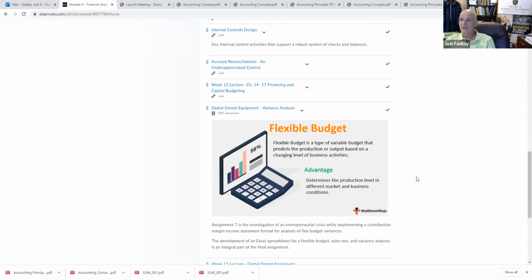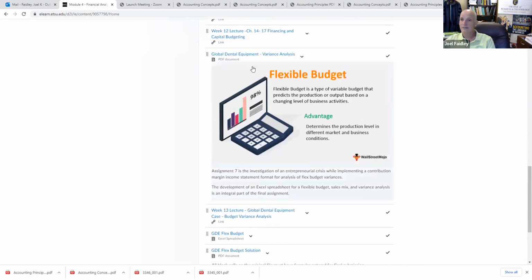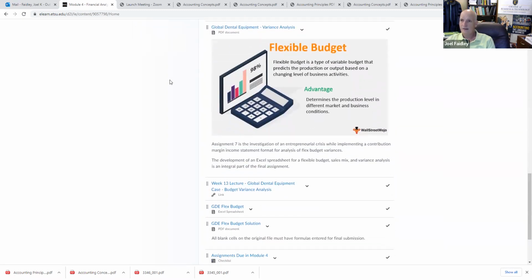So really good case. And then the final case is Global Dental. And this is about variance analysis, more specifically about flexible budgeting. It's really about cost behavior, about fixed and variable costs. And you'll put together a small flexible budget. It's very important that you learn how to do this because every place I've worked for uses flex budgets.